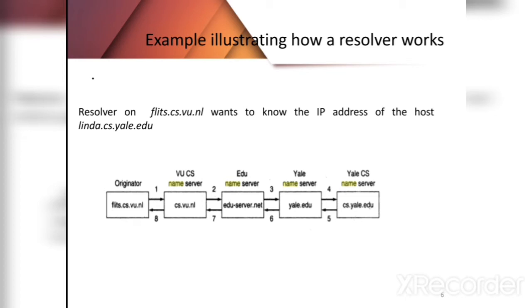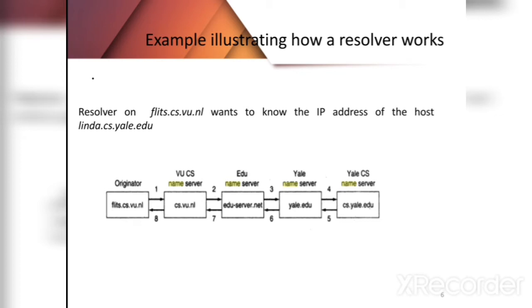It wants to know the IP address of the host linta.cs.al.edu. In the first step, it sends a query to the local server, that is cs.vu.nl. This query contains the domain name that is of type A.